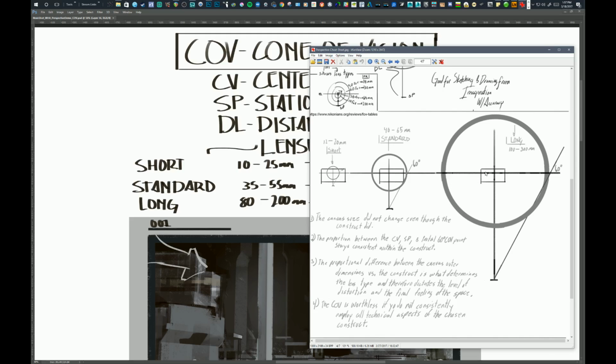So the smaller I create this canvas, the longer the lens is going to be comparatively to the linear perspective construct that I have here. I will always have the same distance between the center of vision and the station point in relationship to the cone of vision if I'm creating a 60-degree field of view.